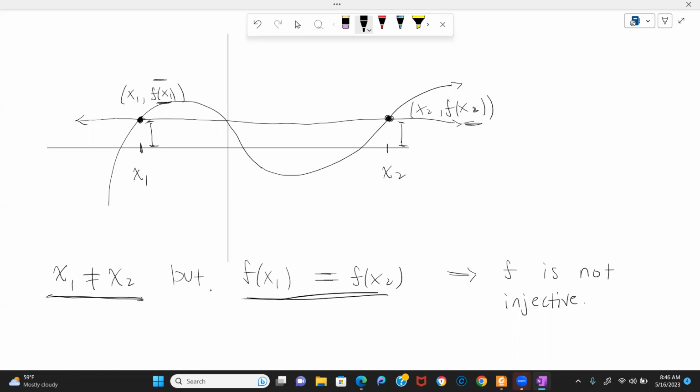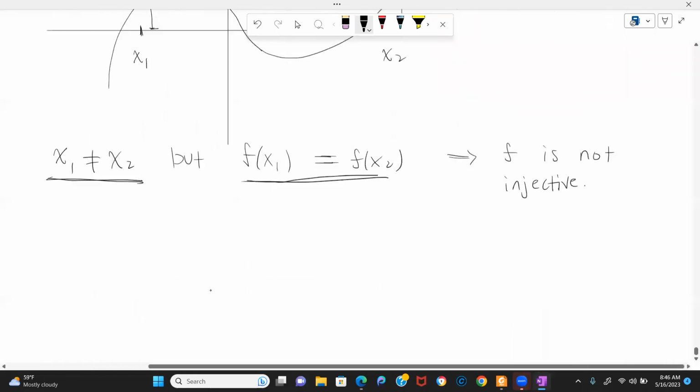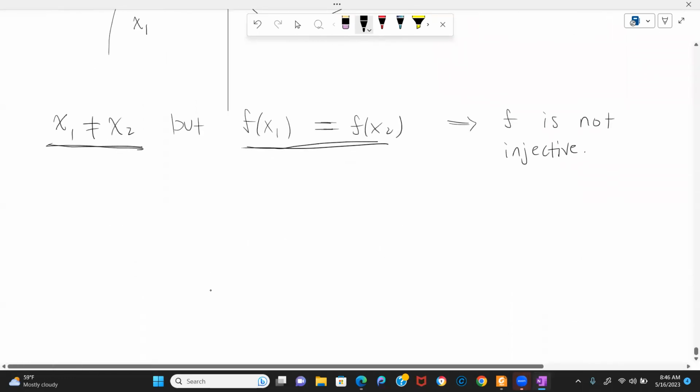So you just take the line whose constant value is this common value right here, and that line will intersect the curve at more than one spot.